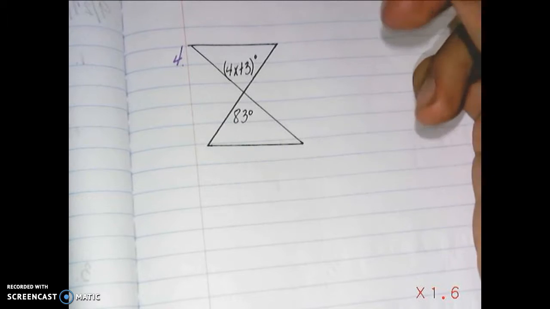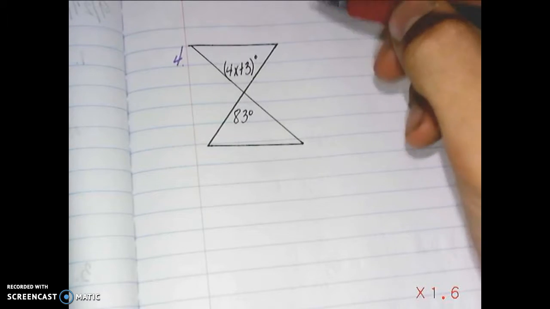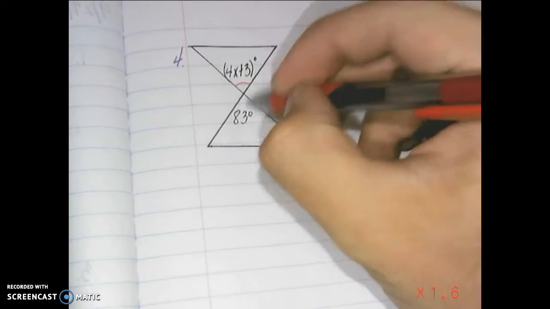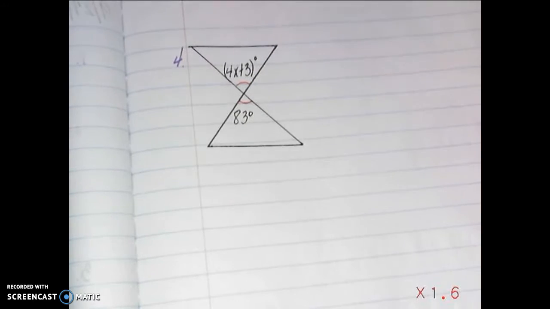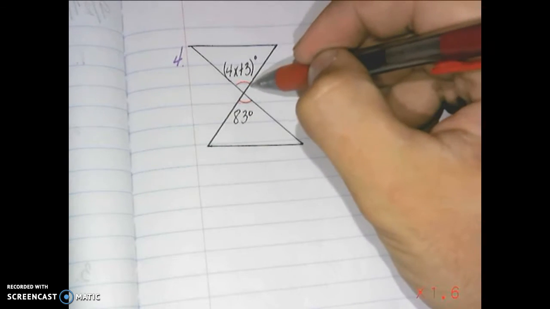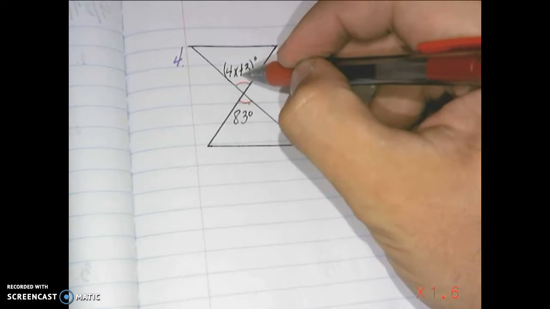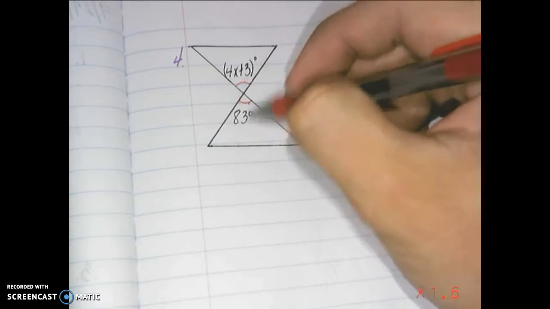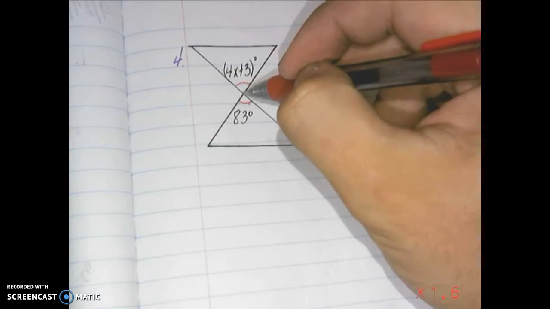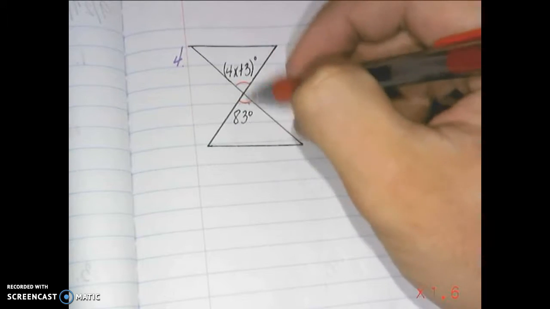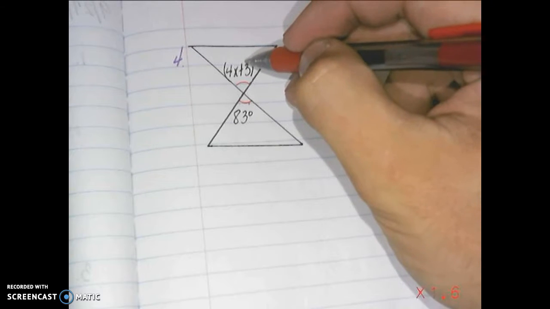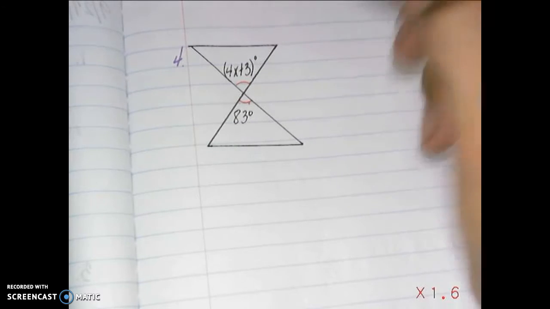Number 4. Right now we have this angle right here and this angle right here. They did not give us anything next to either angle, and it looks like these two are on exactly opposite sides of the vertex right here. So since they are on opposite sides, you also know them as vertical angles.